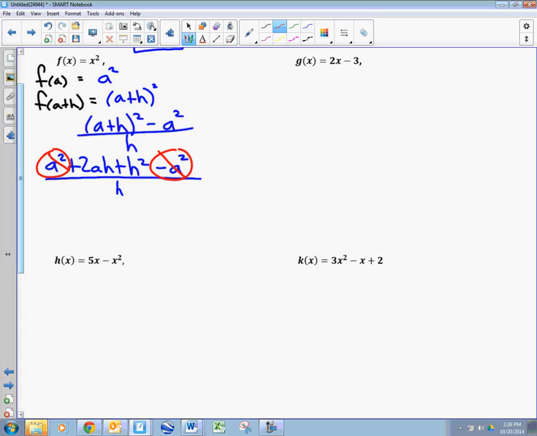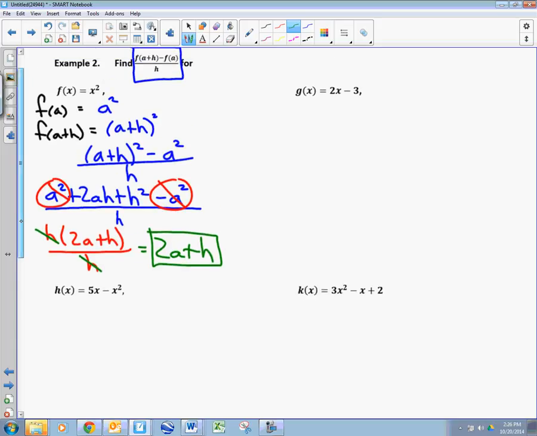That means I can factor out an h, leaving 2a plus h all over h. What happens now? The h's cancel, leaving you with 2a plus h. So that's what this expression boxed in blue simplifies to: 2a plus h.